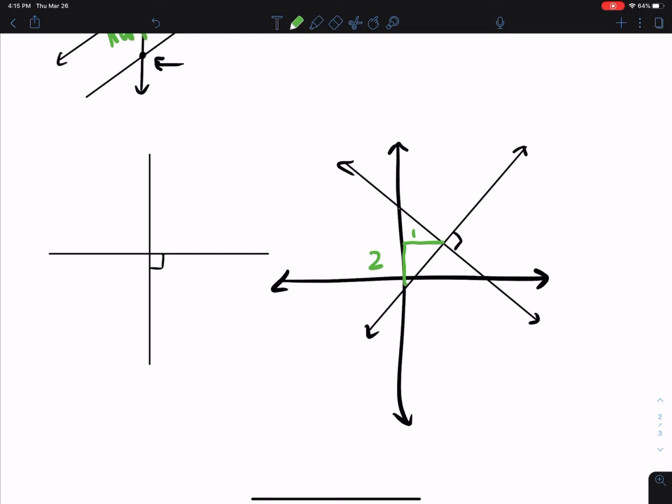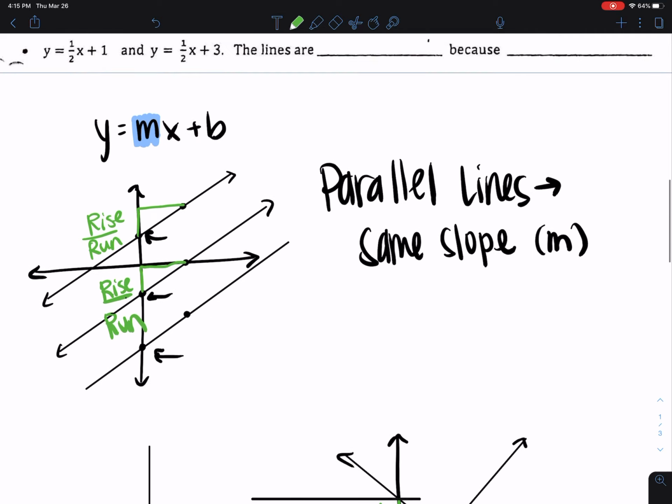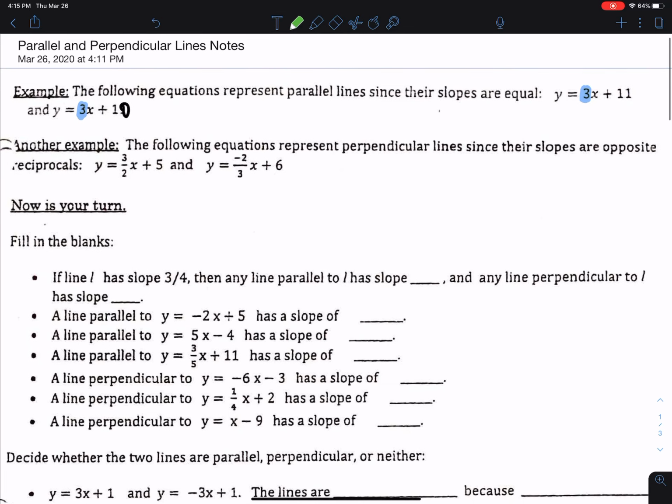And then this slope, going from this point to this point, this would be down 1 over 2. So basically, with perpendicular lines, their slopes are opposite reciprocals. We will also call this a negative reciprocal.